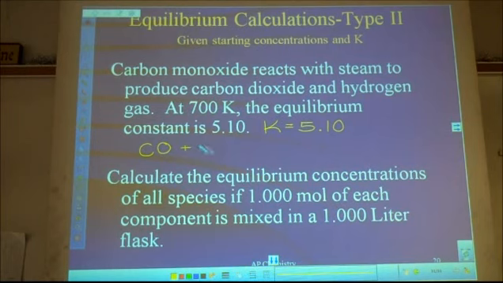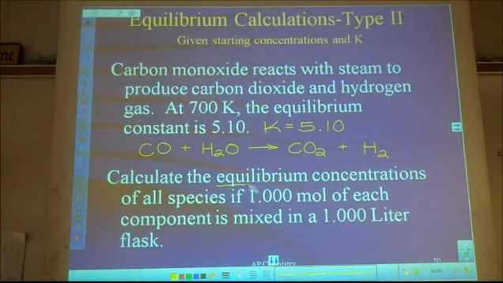What's steam? H2O. Carbon dioxide. CO2. And hydrogen gas. H2. Is it balanced? Yeah, it is. Okay, let's read on.